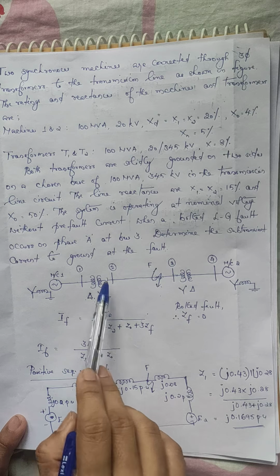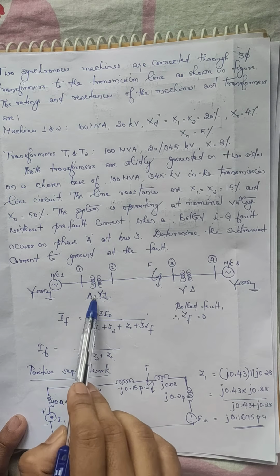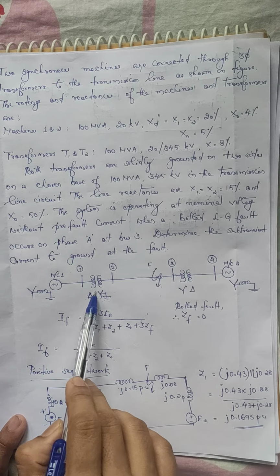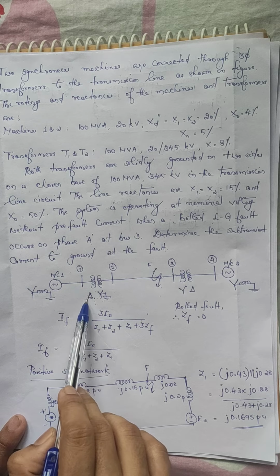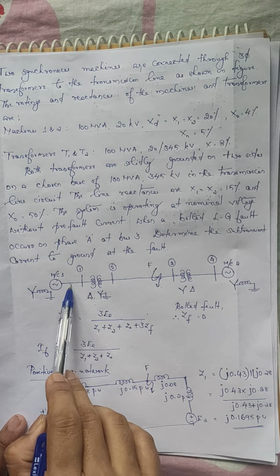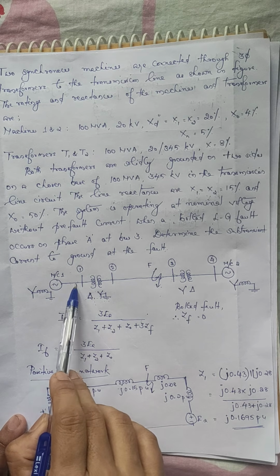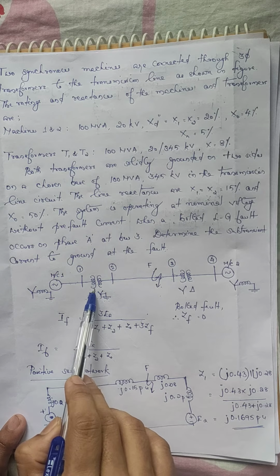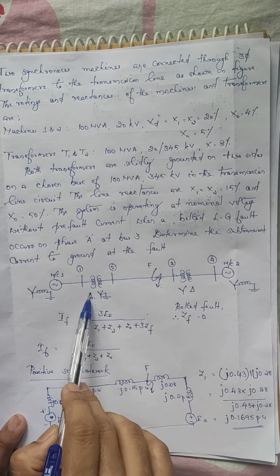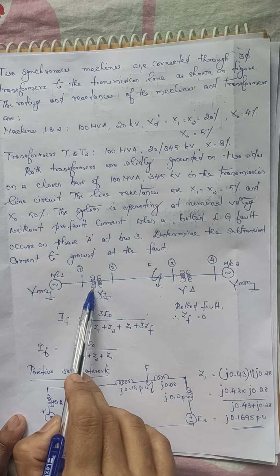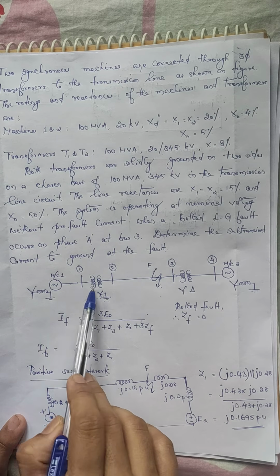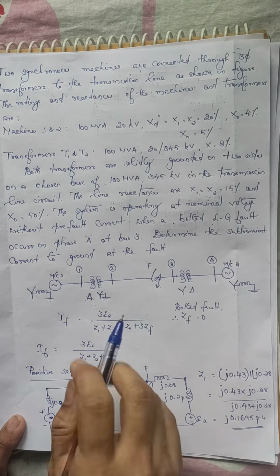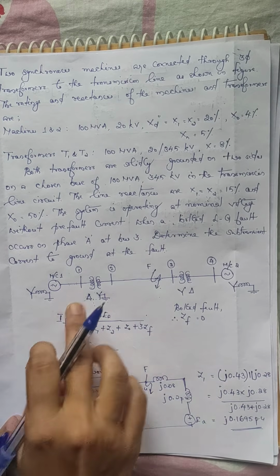So in this particular transformer, there is a path for zero sequence current to flow, but the delta connected winding will not be connected to the corresponding line. If the winding is delta connected, zero sequence current cannot flow through the line connected to that particular winding. So how will you draw the diagram?